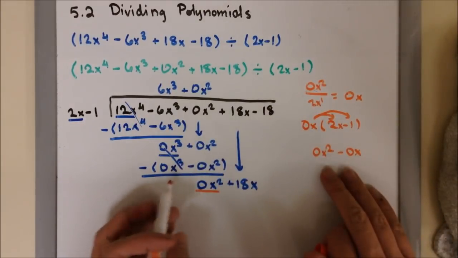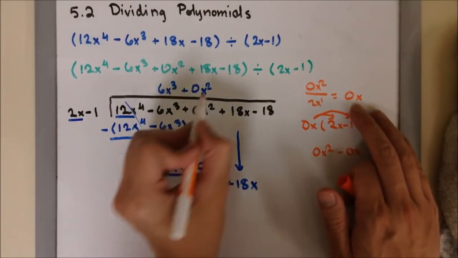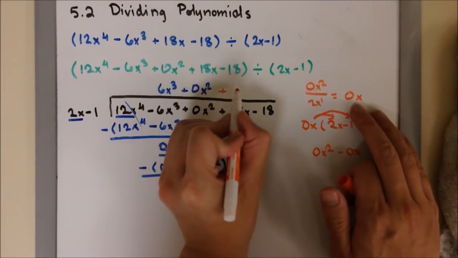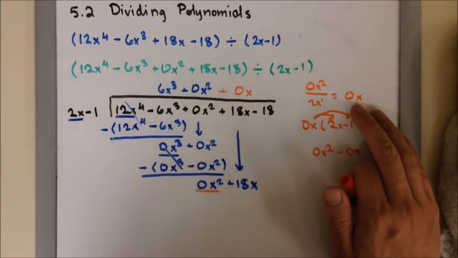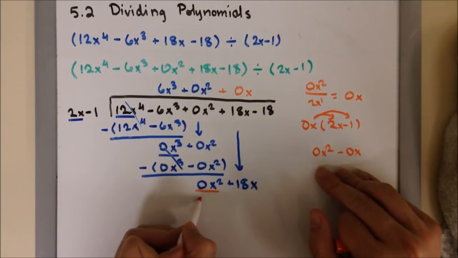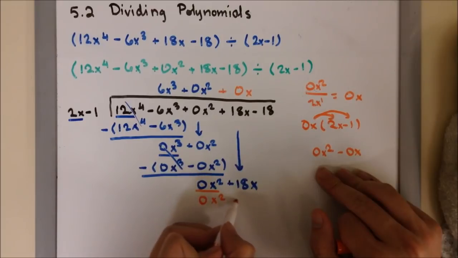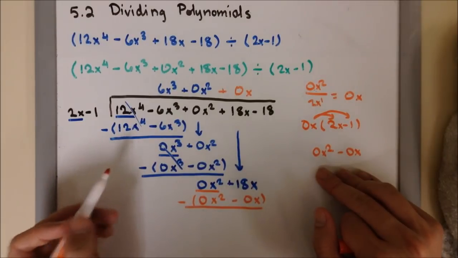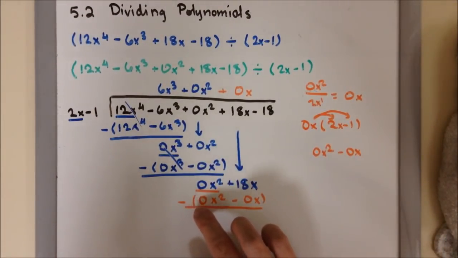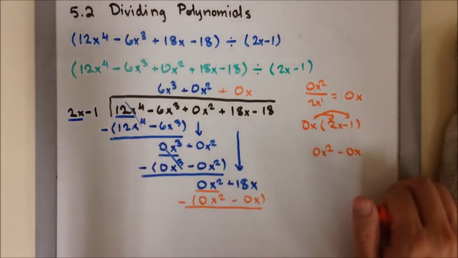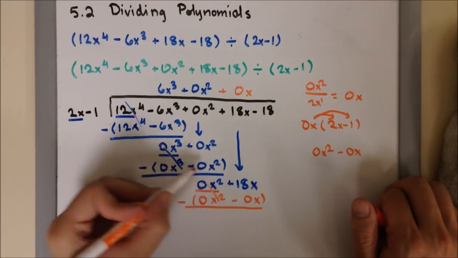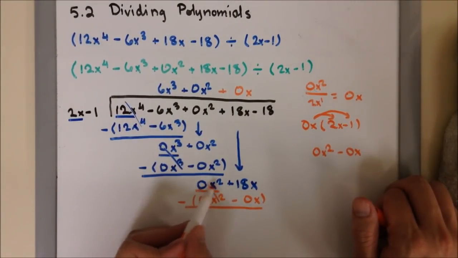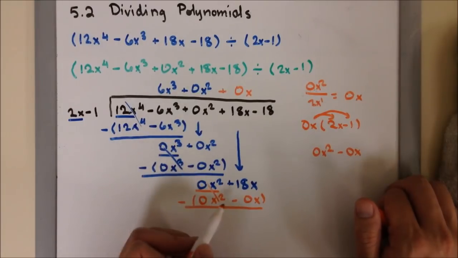So I'm going to write over here. Make sure to include 0x on the top. Then I'm going to bring 0x squared minus 0x. Alright, so when I distribute my negative or my minus, this will cancel out because 0x squared minus 0x squared will just be 0.